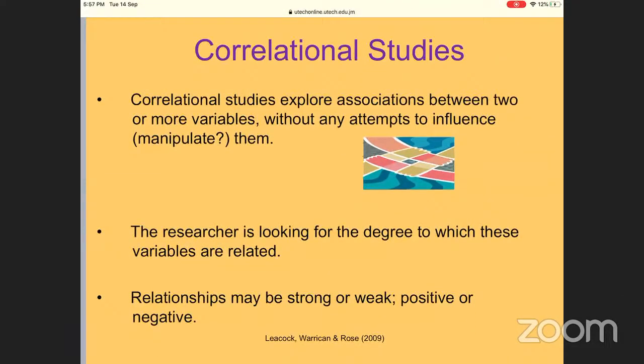A correlational study is a study where you're not manipulating the independent variable to see the impacts. You're just seeing whether, in the real world or in the research study, there's any link or association between two or more variables.